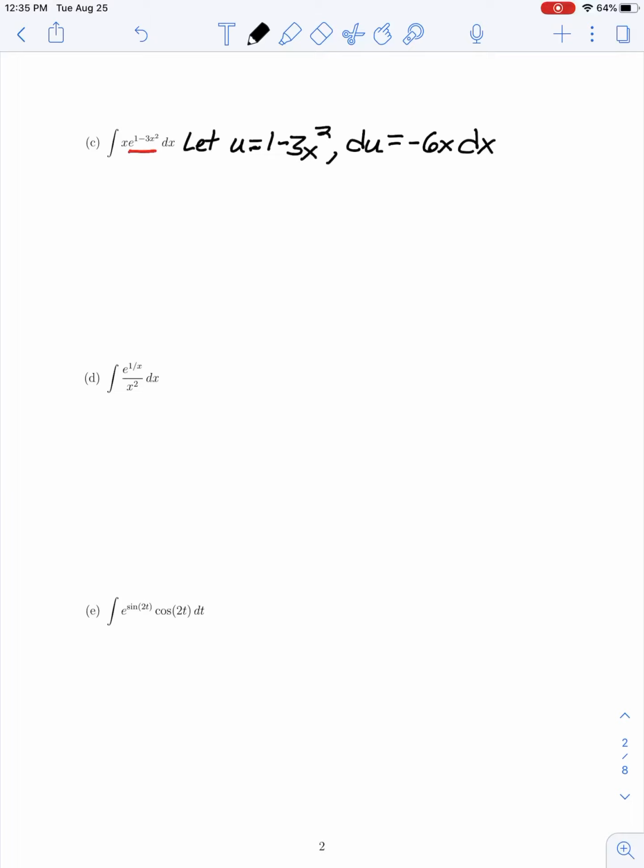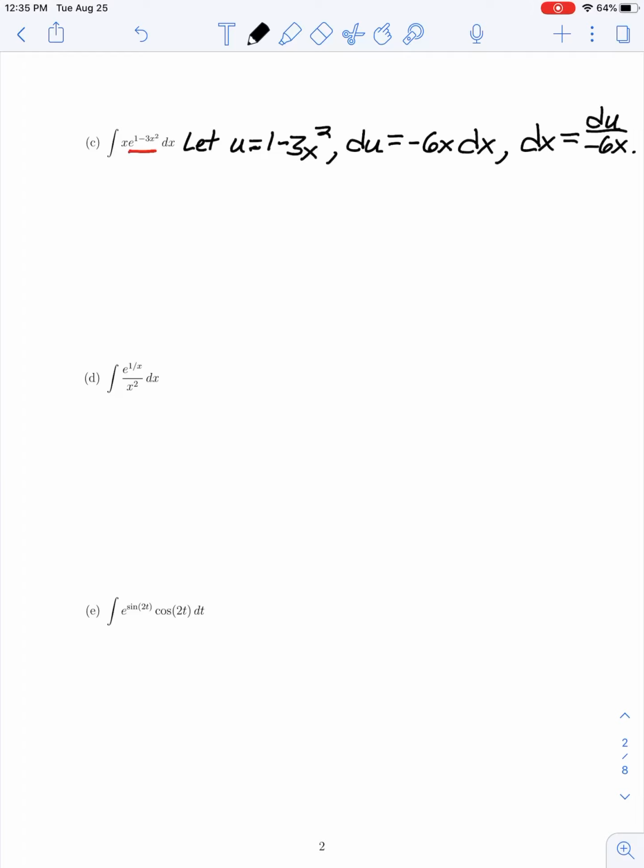And as with our other examples, we're going to solve for dx so that I can replace my dx by something involving du when I actually make the substitution. So to solve for dx here, I would take du and divide by negative 6x.